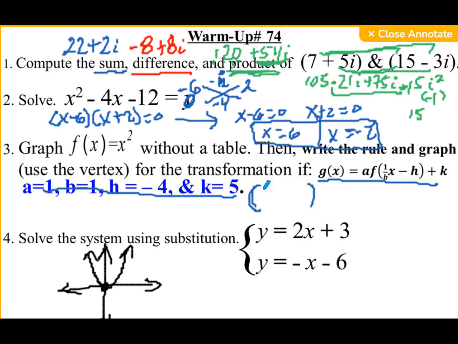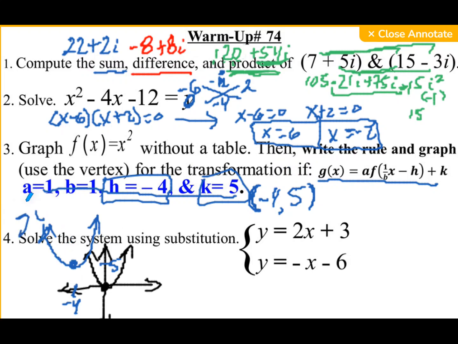Tell your neighbor the new vertex. Pass someone, Alyssa. Christina, new vertex. Negative 4 and 5, that is correct. Or h, negative 4, and k, 5. So negative 4 is over here, 5 is up here. So my new vertex is going to be somewhere up there for g of x.